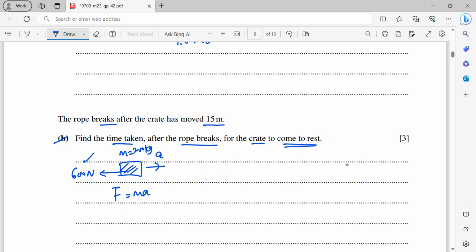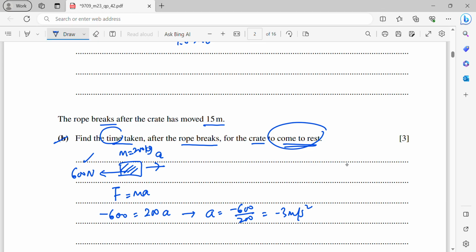That means I will write negative 600 for the F, which equals 200 for the m, 200 kg, and then the a is unknown. So from here, your a is going to be negative 600 divided by 200, and I will get negative 3 meter per second squared.